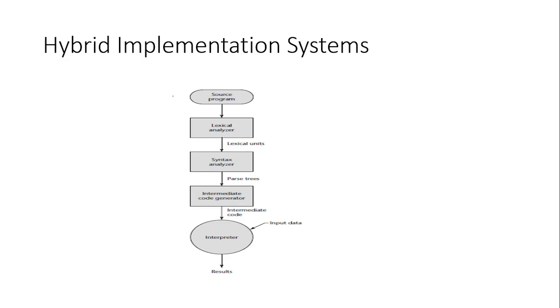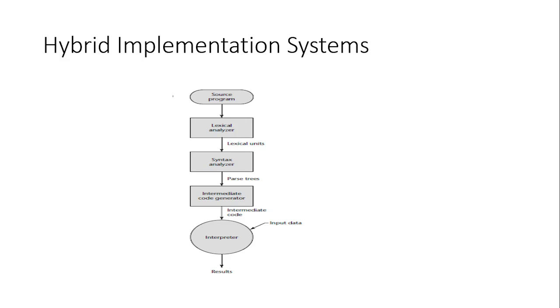Some examples: Perl is implemented with a hybrid system. Perl programs are partially compiled to detect errors before interpretation and to simplify the interpreter. Initial implementations of Java were all hybrid.